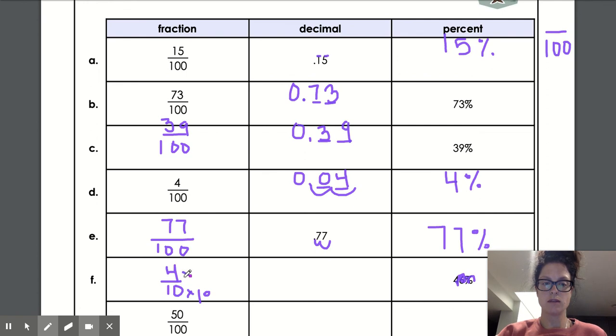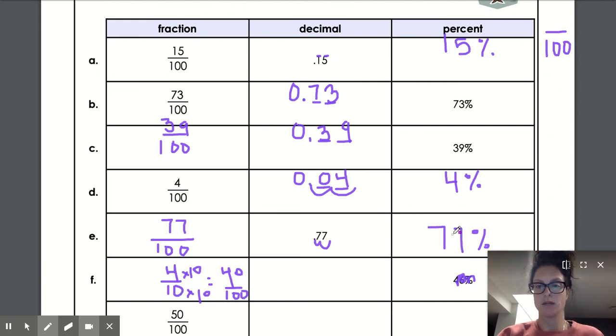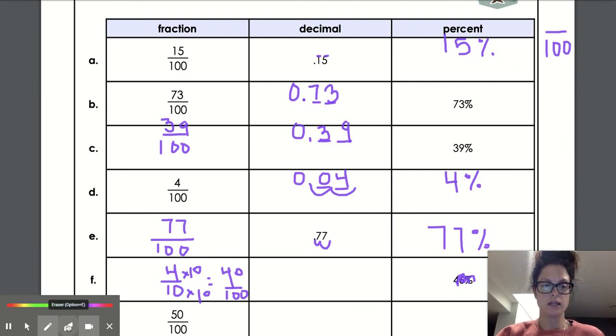So then I need to multiply my numerator as well, times 10. Okay, so when we multiply that together, it equals 40 hundredths. Okay, so make sure that as you're doing these problems today, your denominator, in order to find your percent, needs to equal 100 to be able to write your percent as you need to.